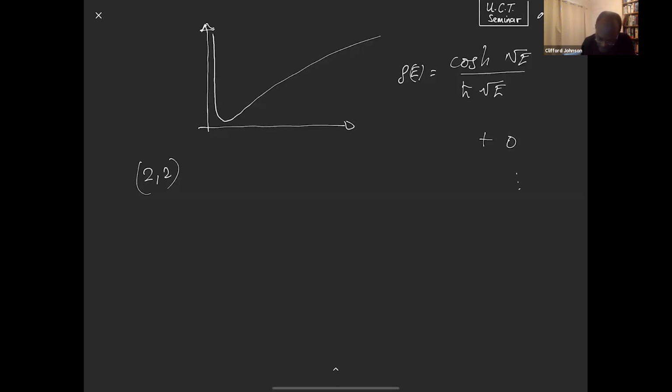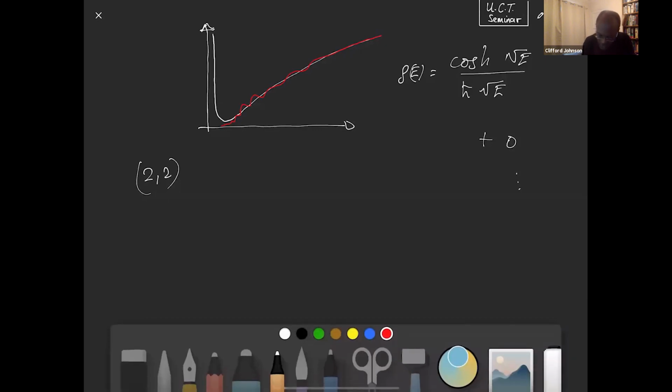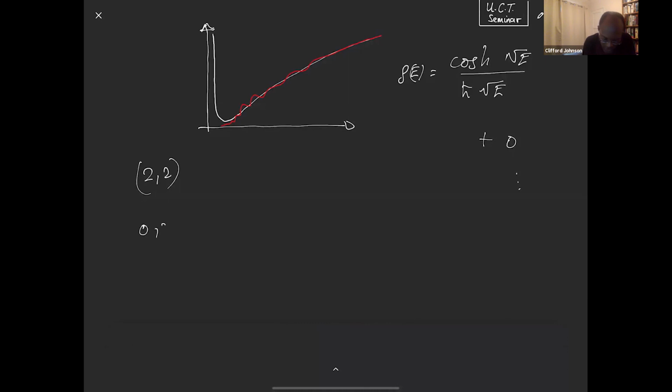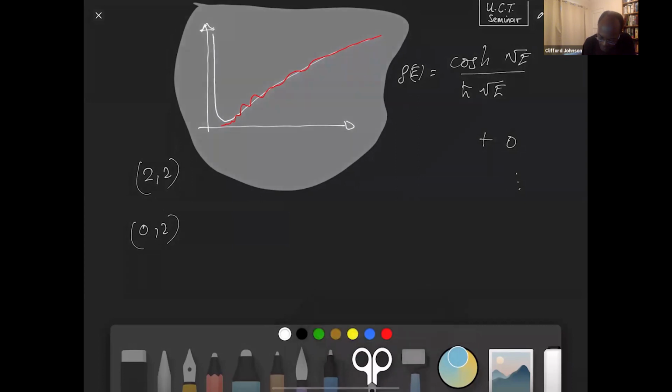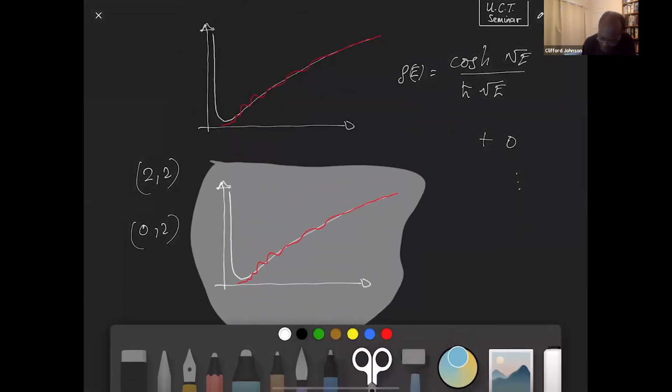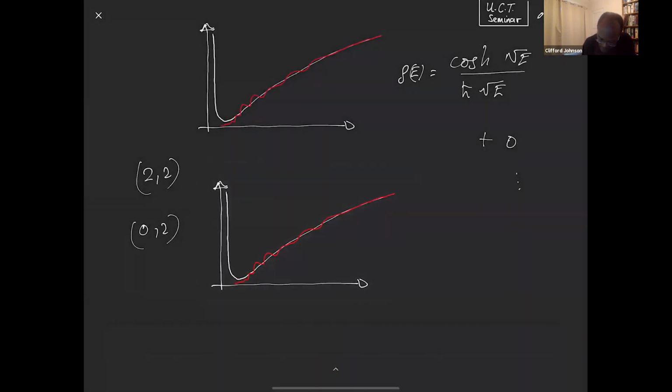And what it does, as I said, is it matches, and there's some wiggles, and then it goes away. In the case of the 2-2 model and the 0-2 model, instead, what you have is an enhancement.